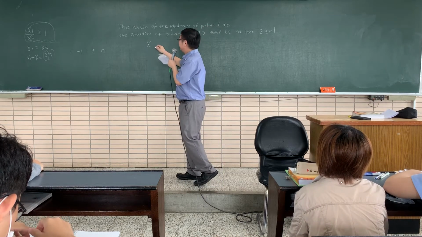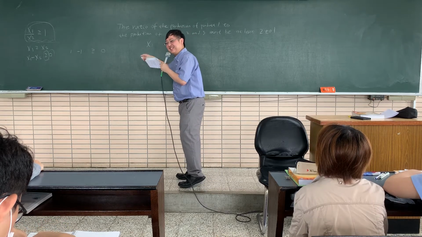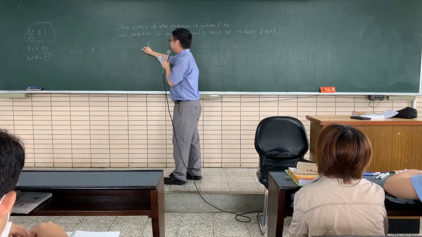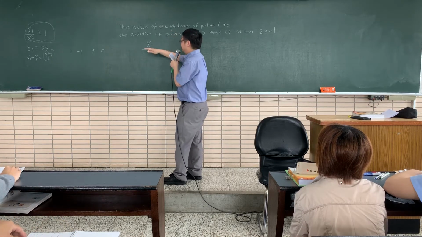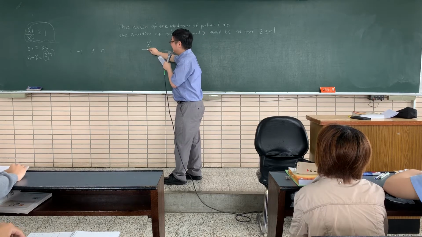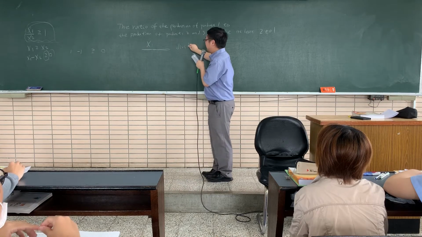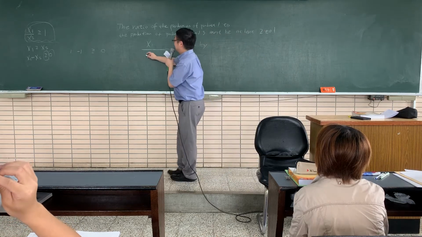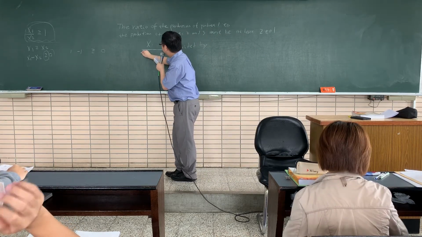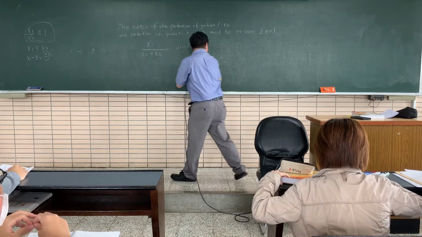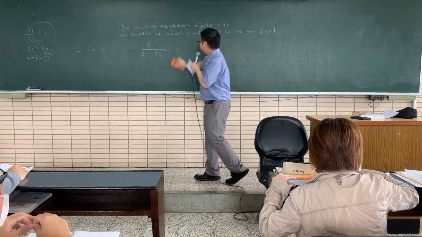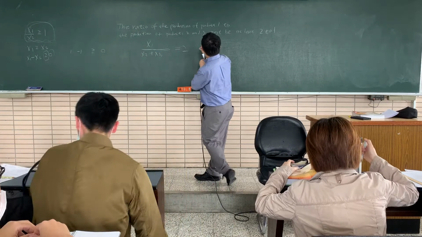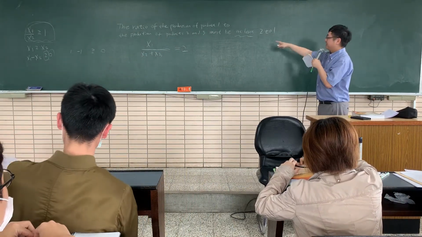X1, X1 divided by x2 plus x3, equal to... must be at least, not at least mean.